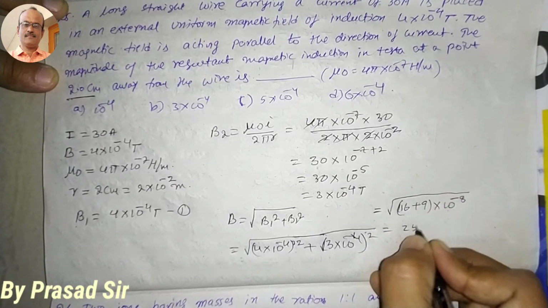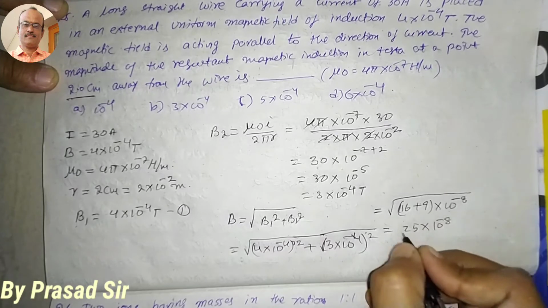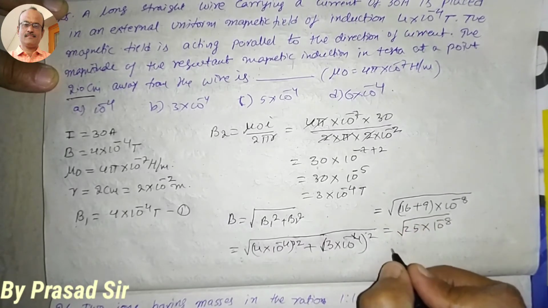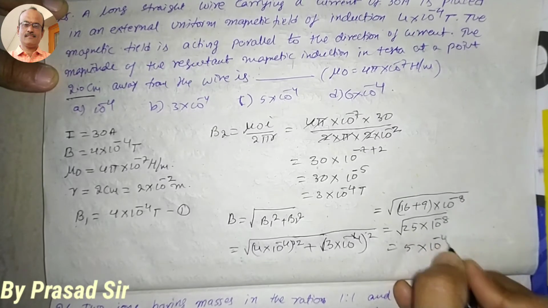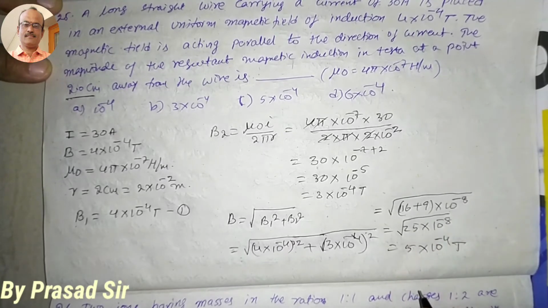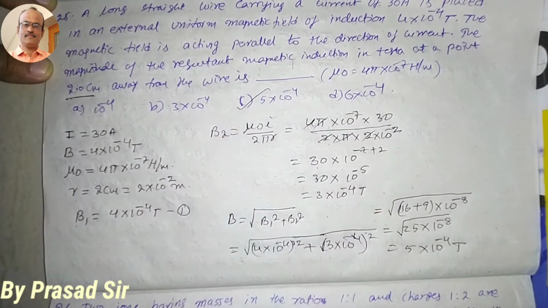So this is 25 into 10 to the power of minus 8, and here the root of 25 is 5, and the root of 10 to the power of minus 8 is 10 to the power of minus 4 Tesla. So which option is correct here? 5 into 10 to the power of minus 4 Tesla. Option C is correct.